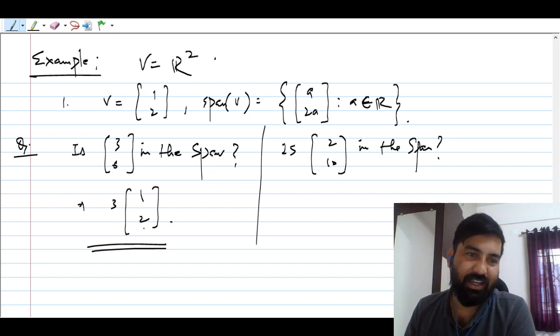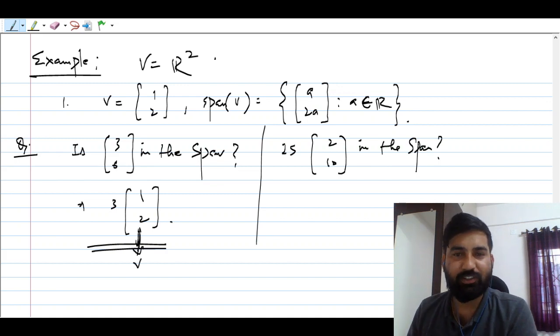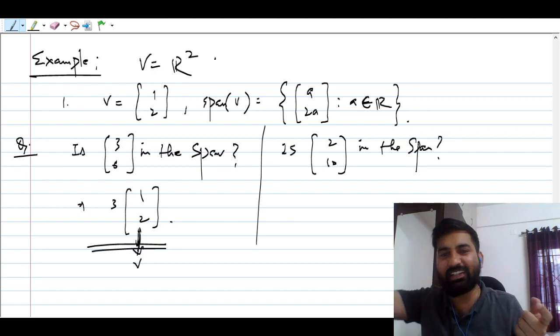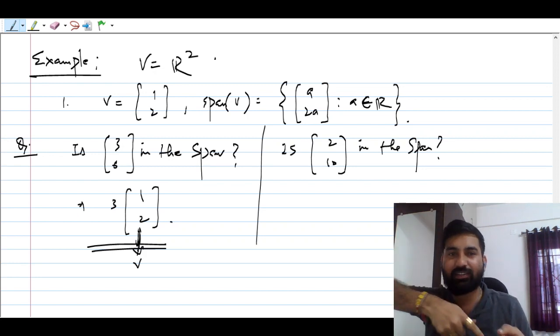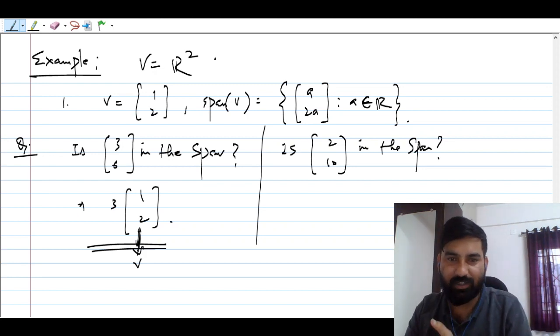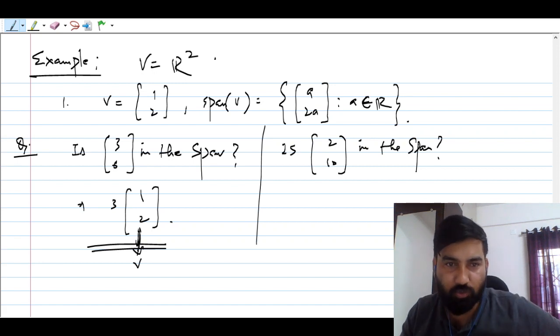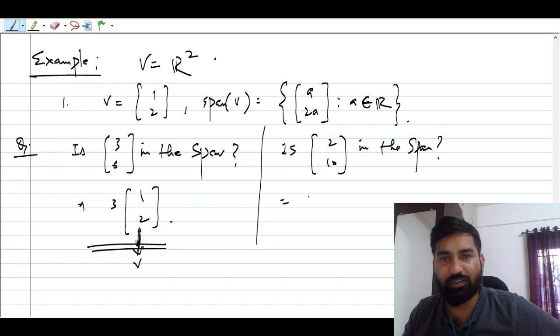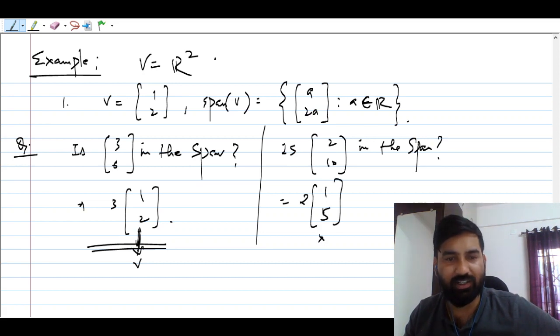मेरा कहने का मतलब क्या है, this is a V vector, right. तो आपके पास V वेक्टर है, you multiply anything, you will get a straight line. Now you have got 2 10, right? Is 2 10 in the span? तो आप देखोगे यहाँ पर, if you take 2 common here, it is 1 5, but this is not the vector given.